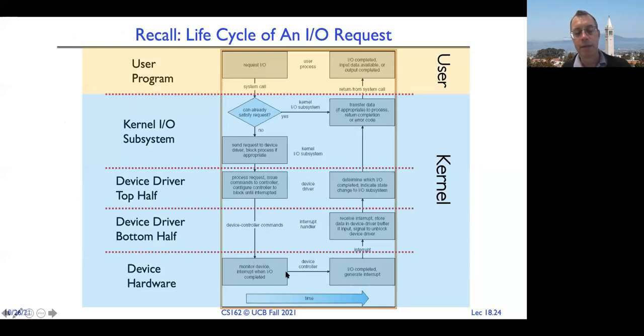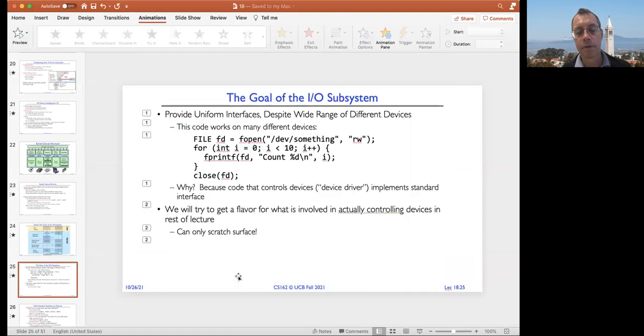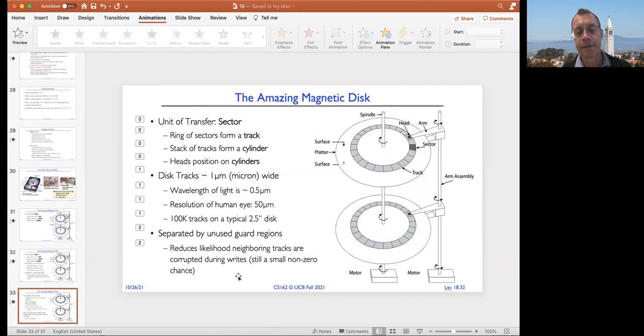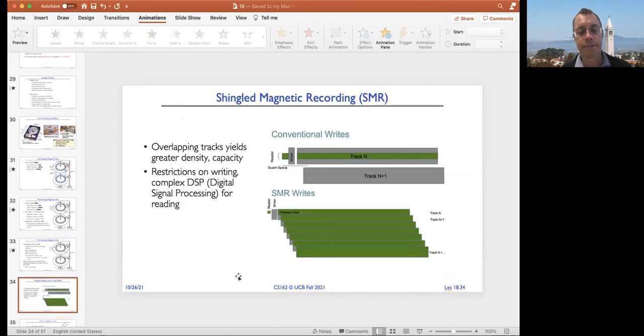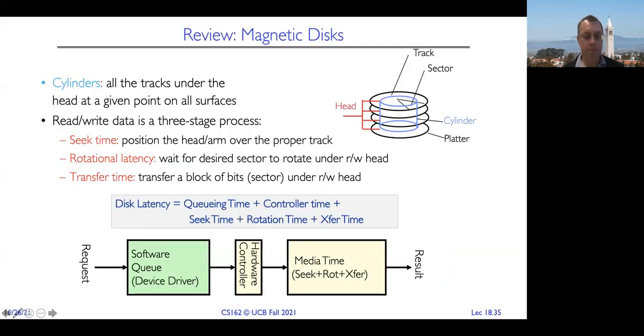And here we are talking about the device hardware. So you get the request, and then you have a queue, because multiple applications can request to read and write data at the same time.